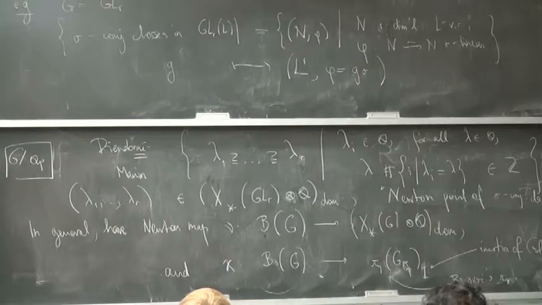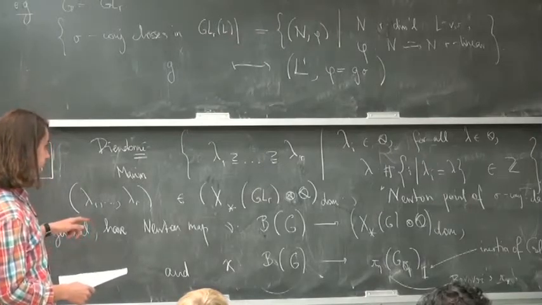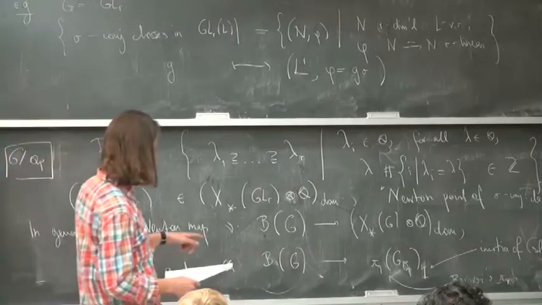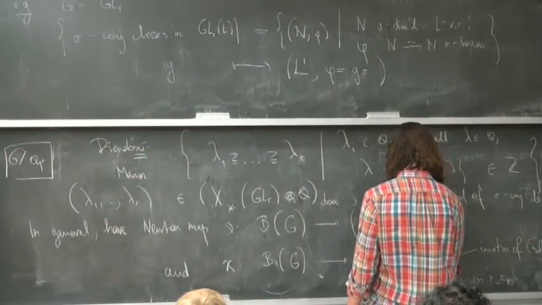And you really take co-invariant under inertia and not the full Galois group? I really take co-invariant under inertia, yes, that's because it's an element of G of L. Sorry, I'm confused.